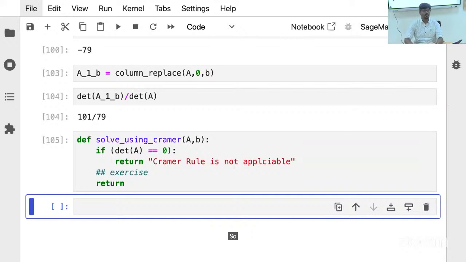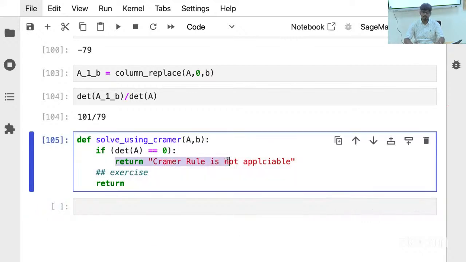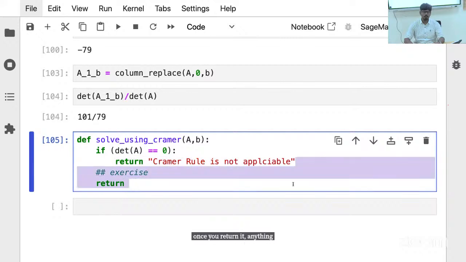So there's an if statement. It does the small check. If you are good, then only I will process the Cramer rule, otherwise I will not do it. This return keyword is very important. Once you return, anything else in the function will not run at all.